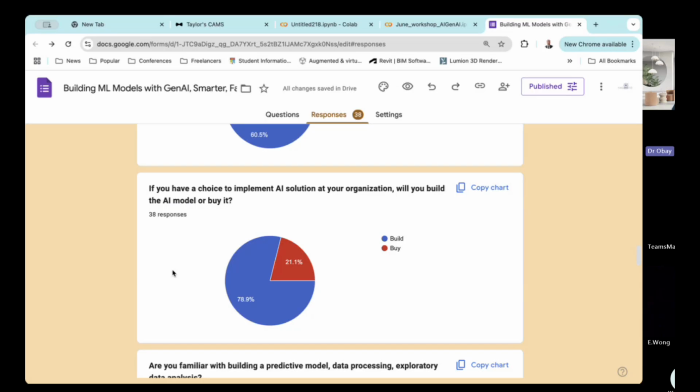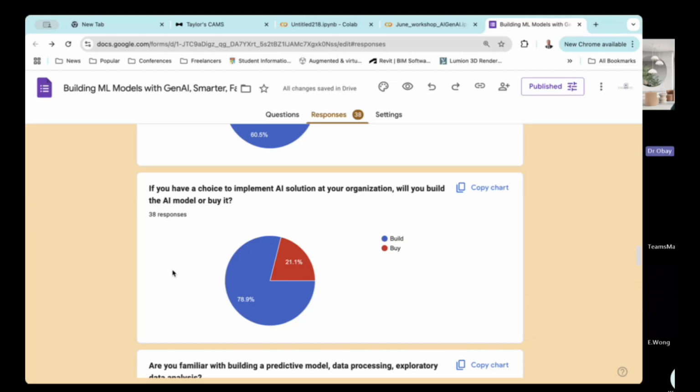Building it is going to take longer, a lot of effort and talent, people, and more cost. But you are going to save the most important thing, which is the privacy of the data. If you buy it, then the privacy of the data is going to be a question mark.